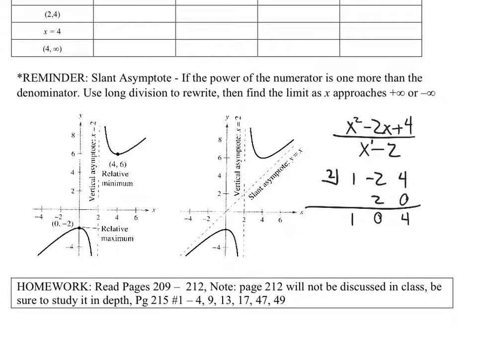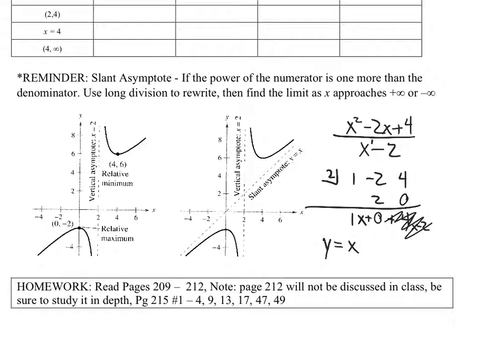So the 1 is now the x, the 0 is the constant, and the 4 is over the x minus 2 again. So to determine our slant asymptote, we ignore the remainder, and it's just y equals x plus 0, or y equals x. Okay?